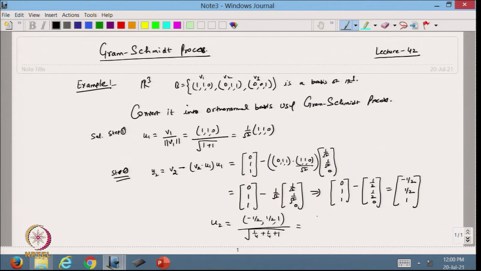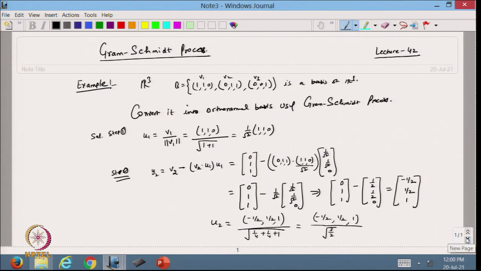So, I can write it as minus 1 by 2, 1 by 2, 1 divided by the root of 6 by 4, which is root 6 by 2. So, that is my U2, a normalized vector.